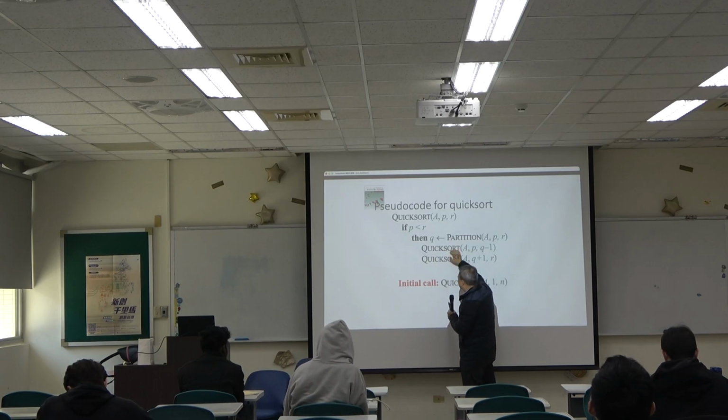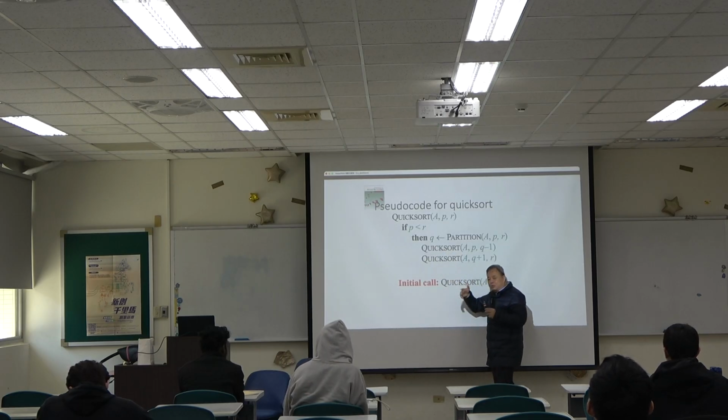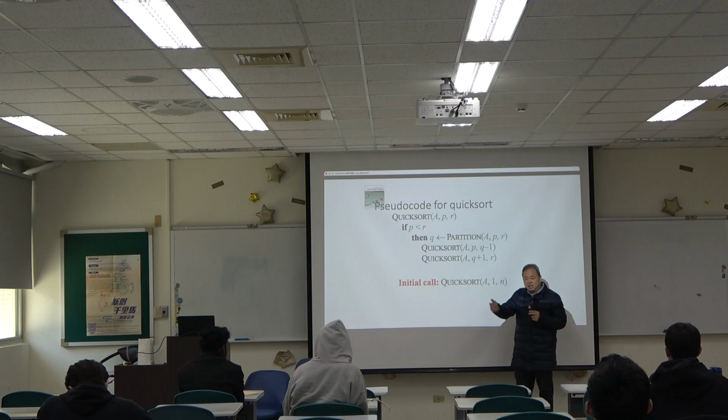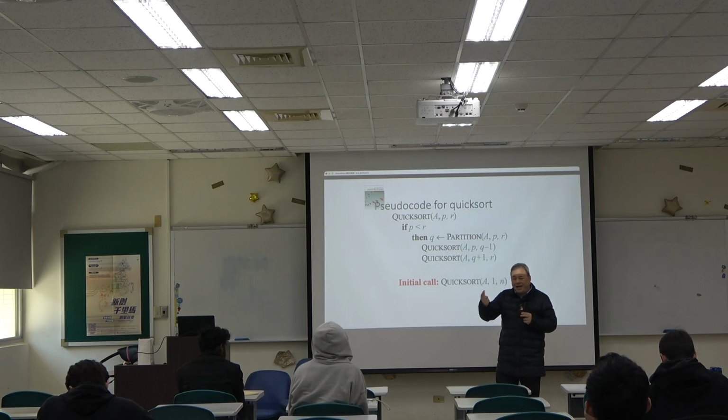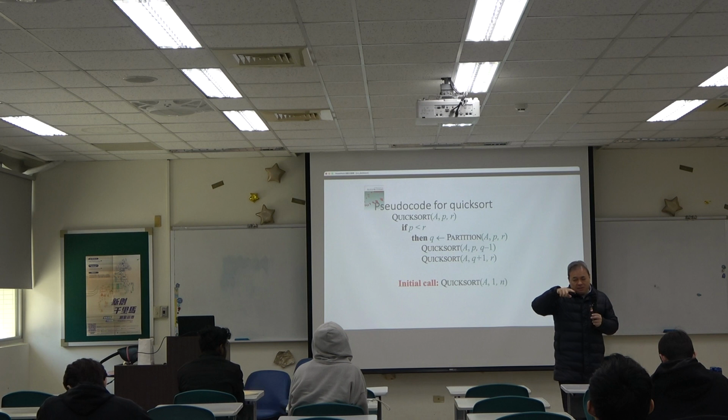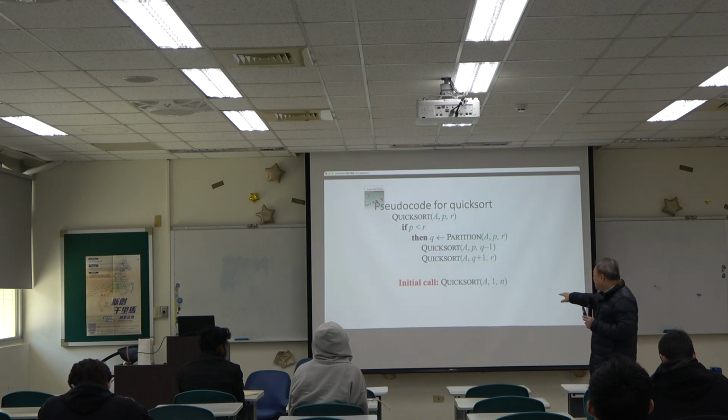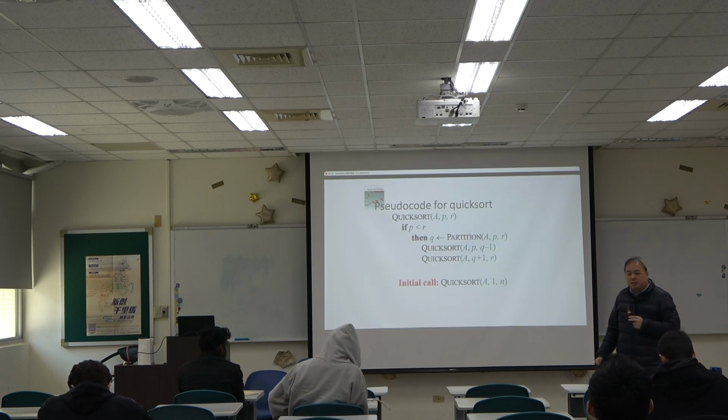So these are two recursive calls. This has to be two recursive calls. They are different. And we need to have an initial call, quicksort A, 1, and pass P and R into the quicksort algorithm. So this is very, very elegant.